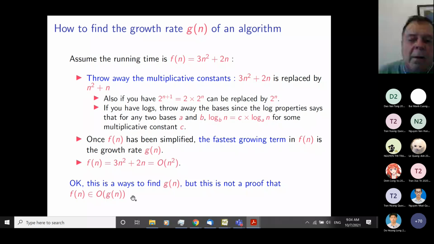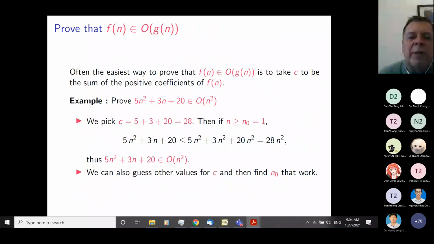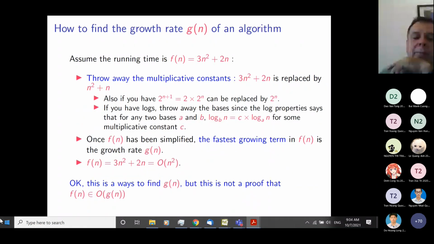Okay. Now we need to prove that this is really a bounding function. So we need to find a constant c and a value of n beyond which the function fn is dominated by Gn. You agree with me that these two expressions are not the same, right? So n squared and this are two different functions.